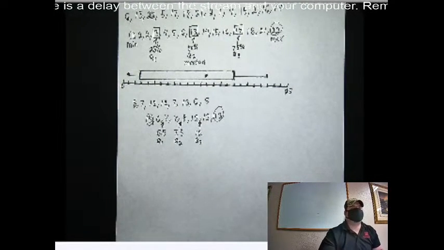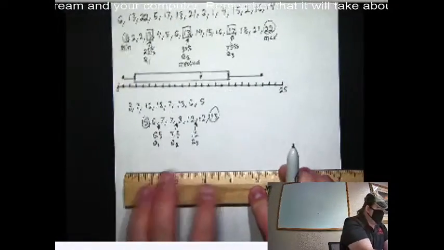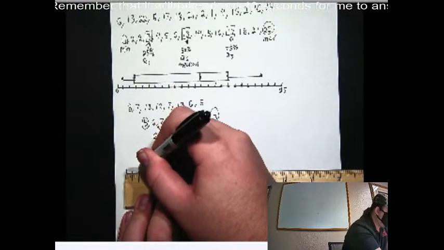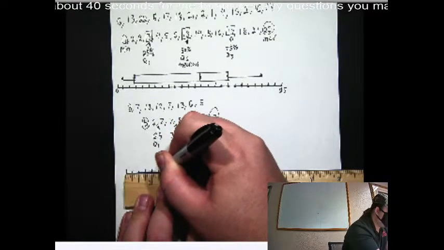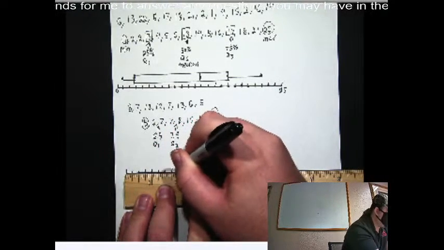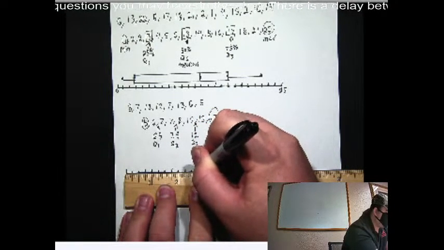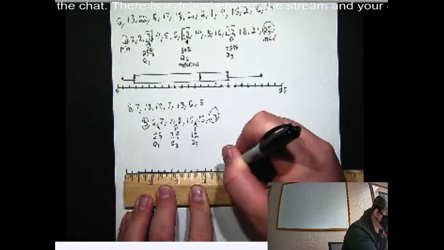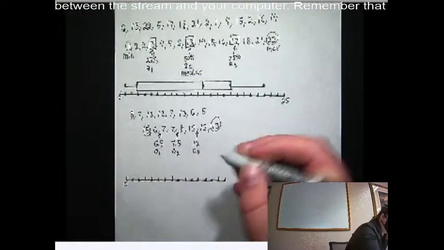So now we are going to need to graph this. So I'll come up with a number line real quick for us. Okay, so this one goes from 0 to 15.